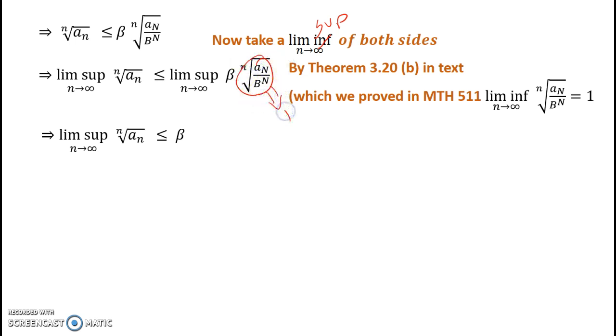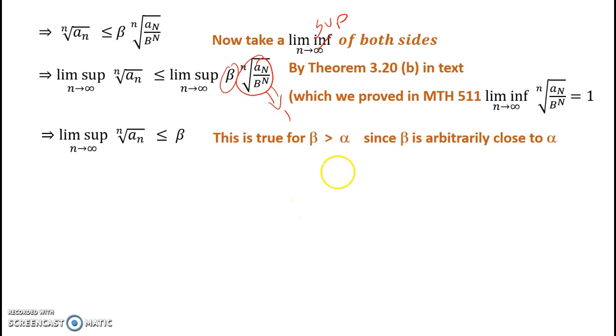This approaches 1. And the limit of beta, which is a constant, is simply beta, giving us the expression that we see here. So therefore, the left-hand side remains: the limit supremum as n approaches infinity of the nth root of a sub n has to be less than or equal to simply beta.